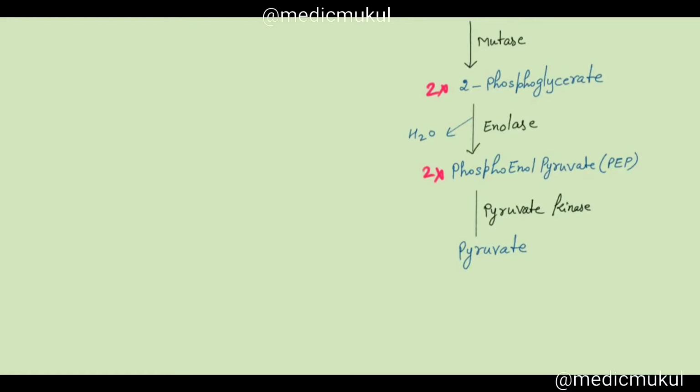So this process is completed. Which process? Glycolysis. What we needed to make? Pyruvate from the glucose breakdown. But here, this phosphate will again go and make ATP from ADP. Again, 2 ATP form.